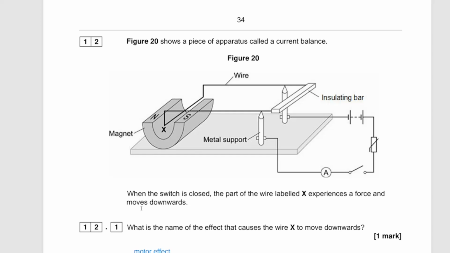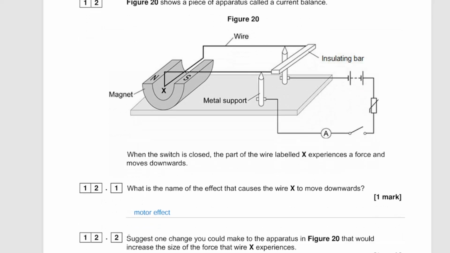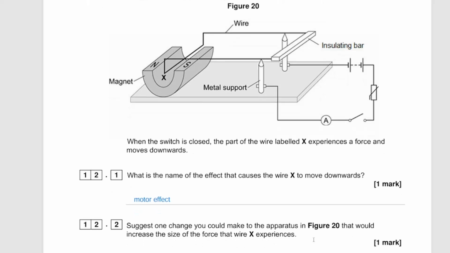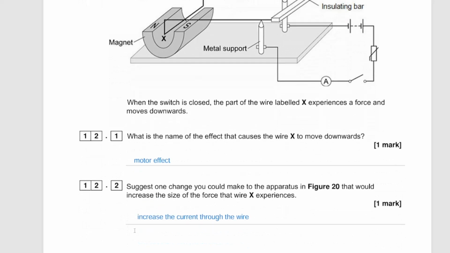Some students may get confused with the generator effect, but the generator effect is when the movement of a wire generates current, and the motor effect is when a current generates movement of a wire. And suggest one change you can make to the apparatus in figure 20 that would increase the size of the force that wire X experiences, and that is just increasing the current through the wire.